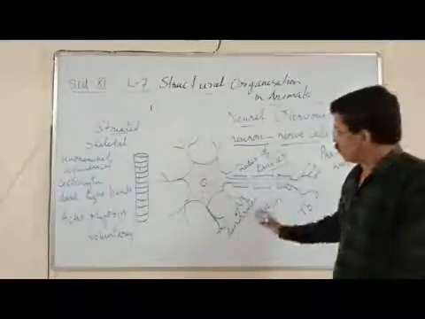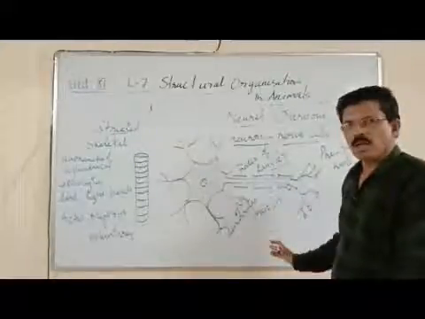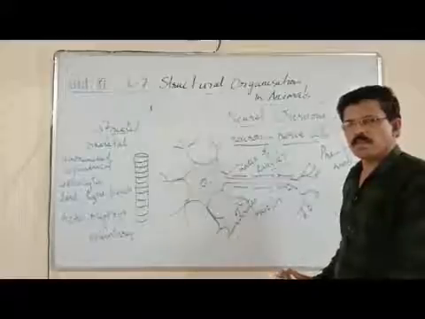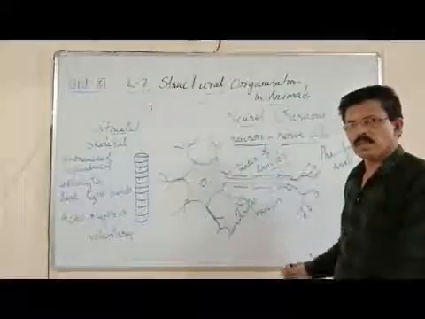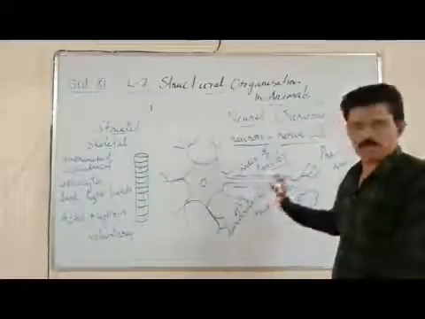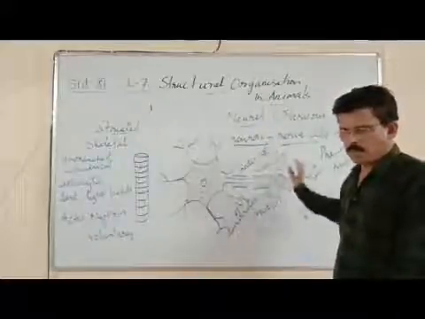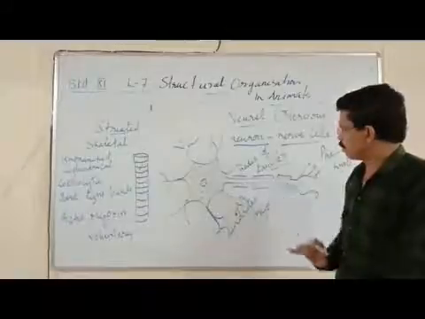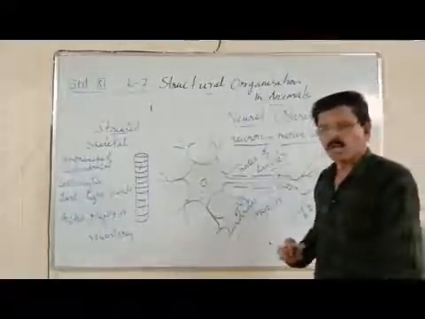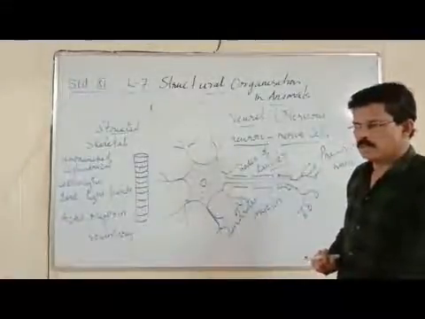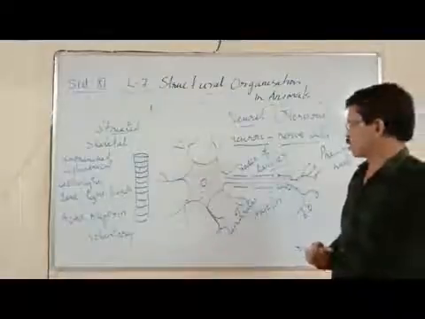So the nodes of Ranvier make the impulses move still faster by making it a simple jump from myelin sheath to myelin sheath. This makes the communication of impulses faster. So the nervous tissue is the fastest means of communication in our body.